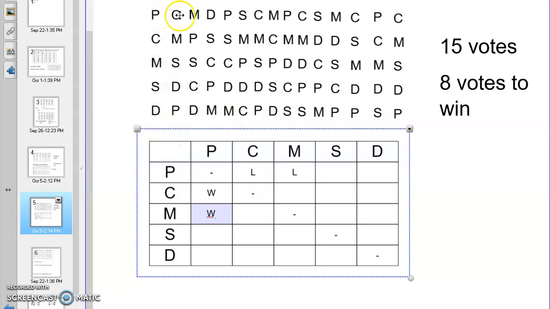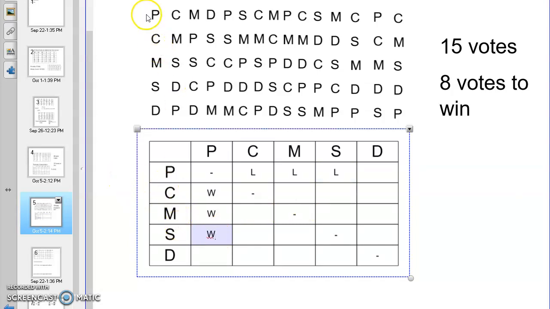Now P versus S. P loses 1, loses 2, loses 3, 4, 5, 6 loses, 7. P loses here as well. S wins.